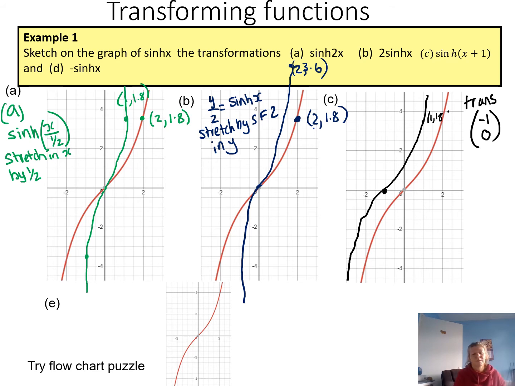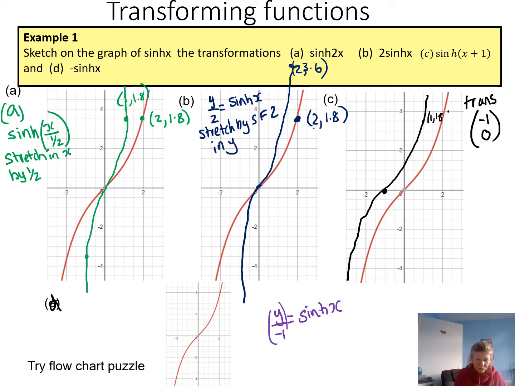Very bad drawings. And the last one is D. Right, so this one's a reflection, isn't it? They've replaced y over -1 equals sin x to get that. So it's been a stretch in scale factor -1 in the y direction. So it's going to be the y coordinates that change.